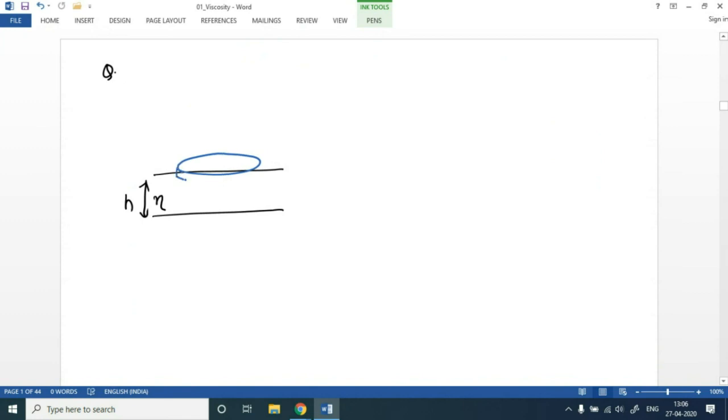Imagine a circular plate that has been kept over it. Let's say at any instant it is moving with angular velocity omega, so obviously at any point of contact there is a relative motion between this disk and this layer of liquid.